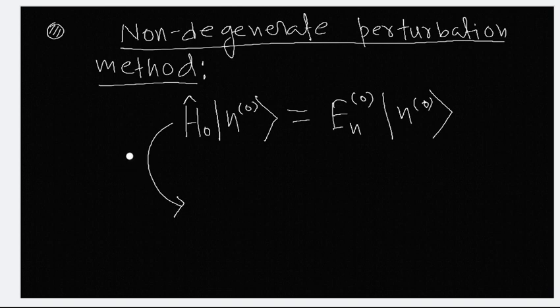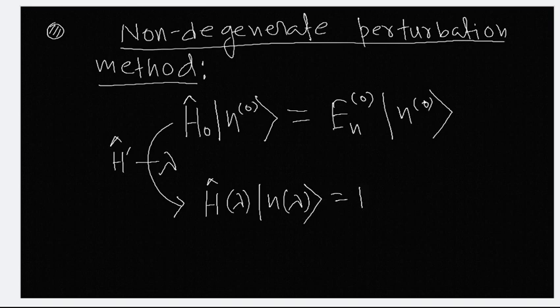Then you apply some perturbation with the corresponding Hamiltonian H prime, which is the perturbing Hamiltonian, with some regulating parameter lambda. Lambda is called the strength of the perturbation. The Schrodinger equation will appear as H of lambda, n of lambda equals En of lambda, n of lambda.